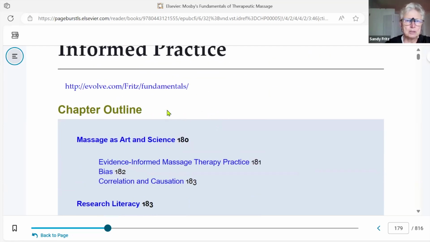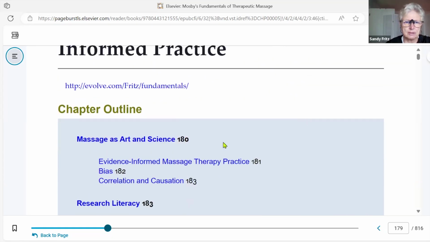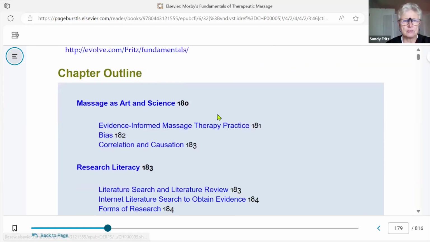So as we look at this idea of research literacy, and we take an overview of the chapter by looking at the chapter outline, there's some interesting concepts right here at the very beginning about massage as an art and a science. So one is not exclusive of the other.